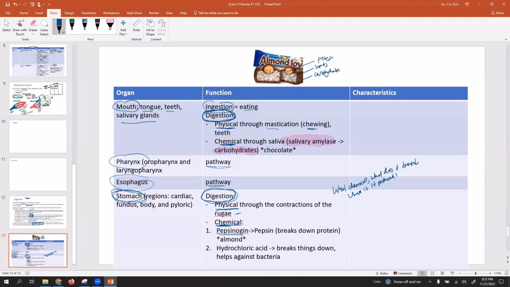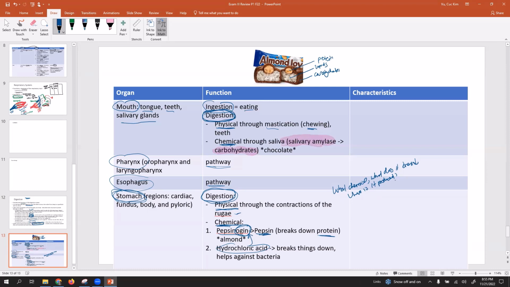Remember earlier I told you in the morning, anything with an ogen means what? Not active or something. Exactly. So you have to have hydrochloric acid right here, activating pepsinogen into pepsin before pepsin can break down what? Protein. That's right. So that's why when you eat protein, you feel fuller longer because it stays in its intact form, except for the mechanical breakdown, of course, until all the way down to your stomach.